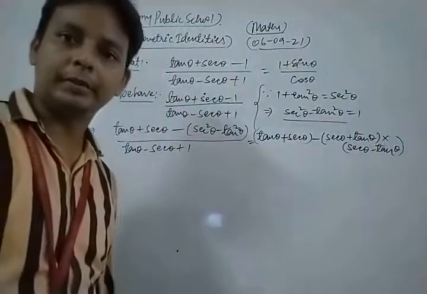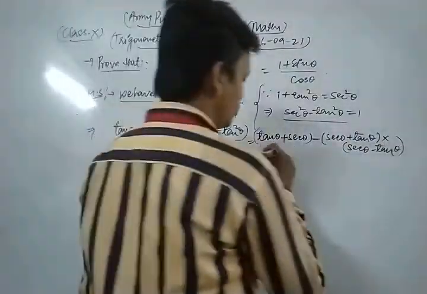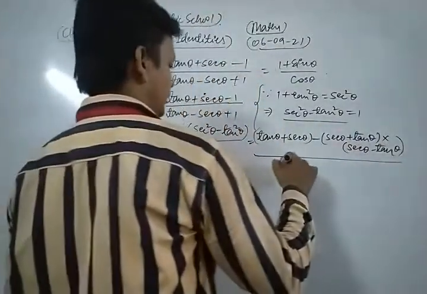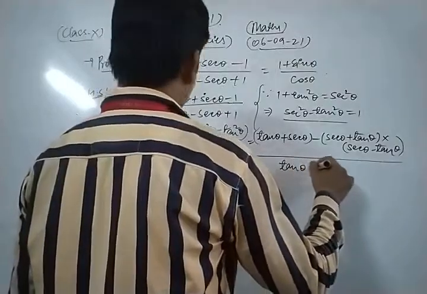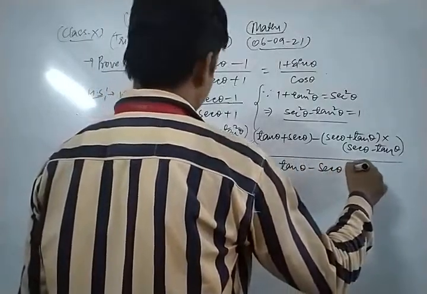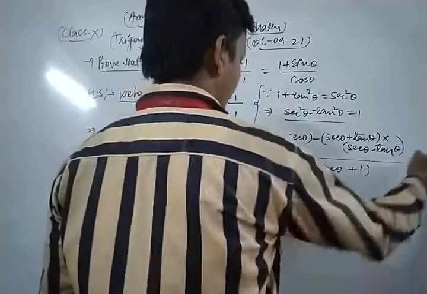A plus b into a minus b we can write, and in the denominator we write tan theta minus sec theta plus 1 as it is.